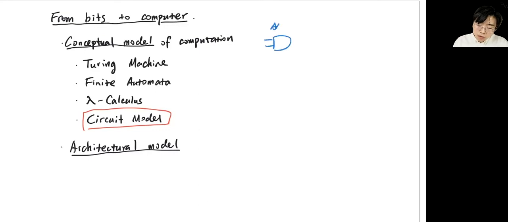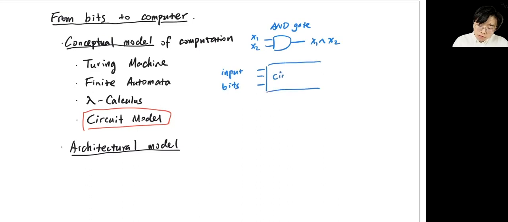This, for example, is an AND gate. It takes in two input bits, x1 and x2, and outputs x1 and x2. In general, for the circuit model, you will have several input bits. You pass them through some circuit for computation, and you end up with some output bits.